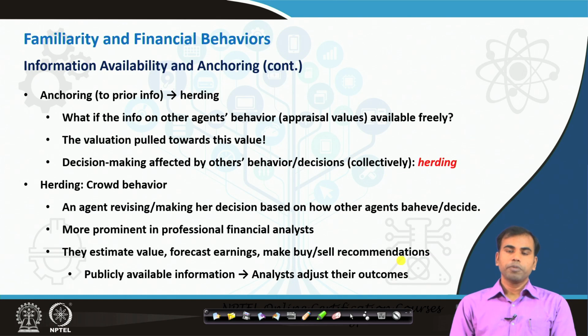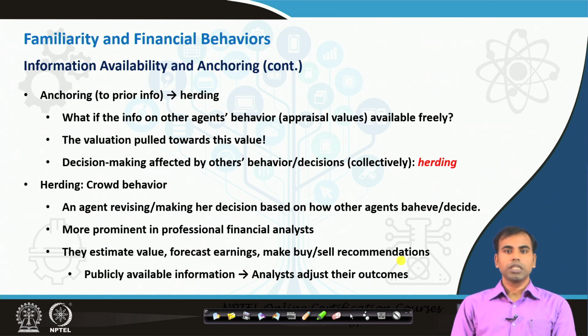When we talk about people's tendency to anchor to the information that they have, if this anchoring tendency gets accumulated in terms of the collective behavior of a set of people, this results in herding. When we talk in the context of the stock market, investors would be accessing the information that is freely or easily available to them, and at the same time they would be sharing that information across different sets of people or across investors.